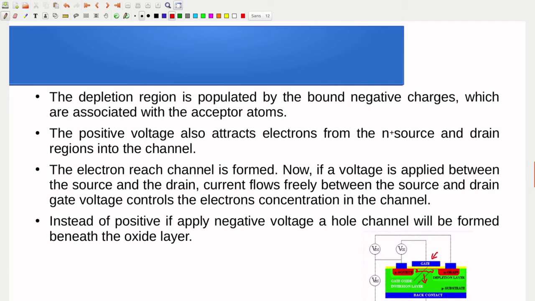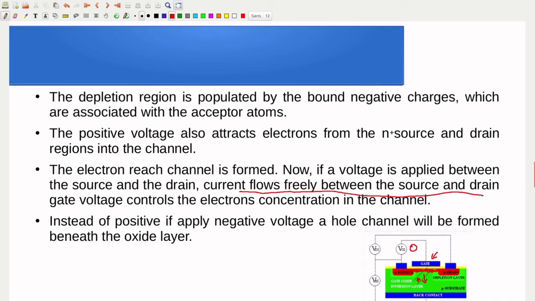Not only the minority carriers from the substrate, in this case electrons from the N plus source and drain also get attracted, and that forms an N channel between the source and the drain, and this channel will allow current flow between source and drain, which can be controlled by the applied voltage here, the gate voltage.